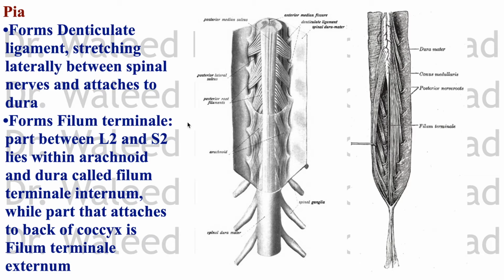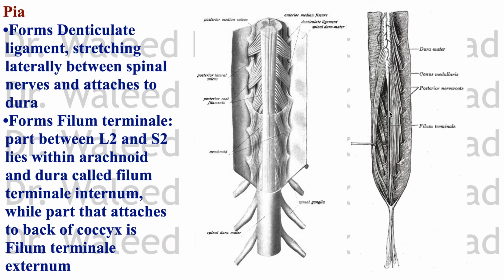The pia mater forms the denticulate ligament, this dentate-like ligament going laterally and attaching to the inside of the dura, and lower down it becomes like a rope, forming the so-called filum terminale. This is the filum terminale.